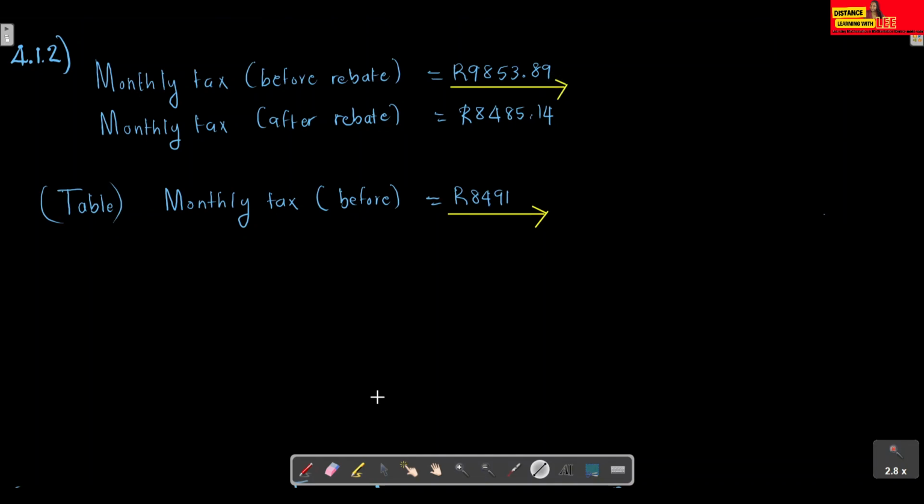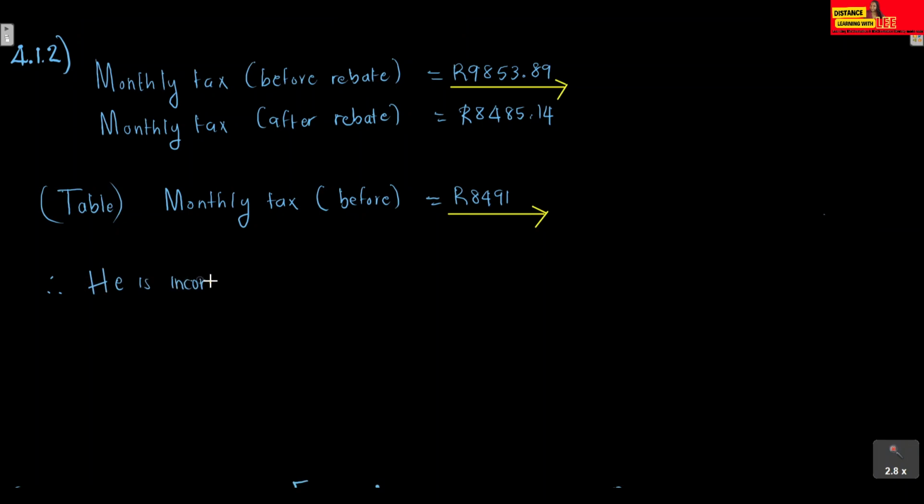Okay, what does this tell us? It tells us that how the table calculates the monthly tax payable is incorrect. So his claim is incorrect because we are not getting the same amount that we got when we used the tax payable formula. Therefore he is incorrect, because these two values do not correspond. So that tells us that the table method is incorrect.